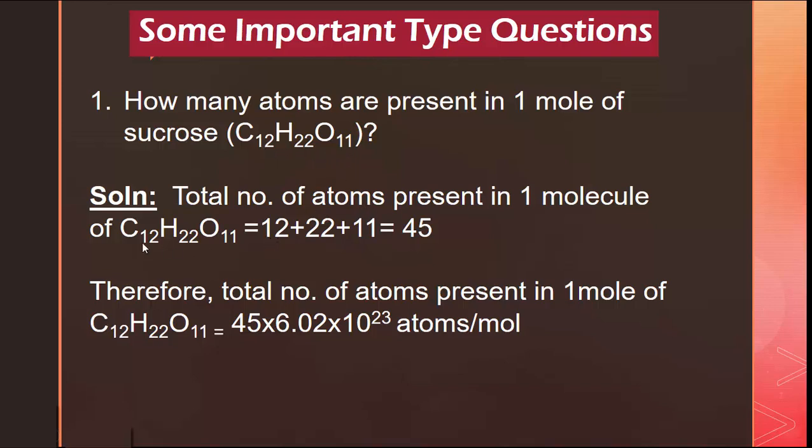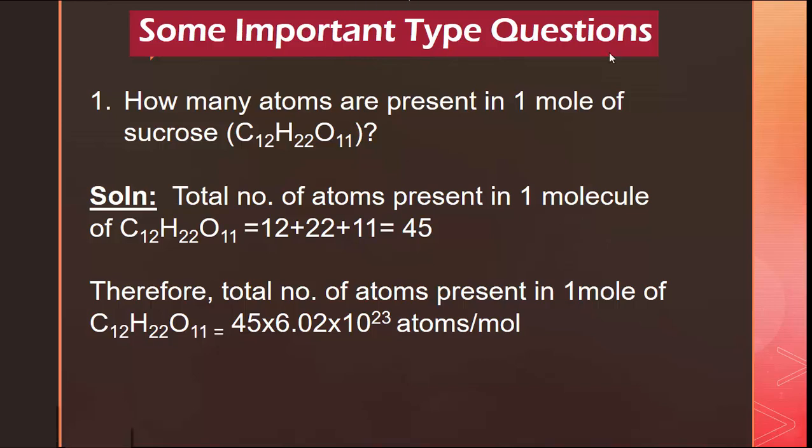There are 12 atoms of carbon, 22 atoms of hydrogen, 11 atoms of oxygen. So on adding all, we get 45 atoms for one molecule. That means one molecule of sucrose contains 45 atoms in it.